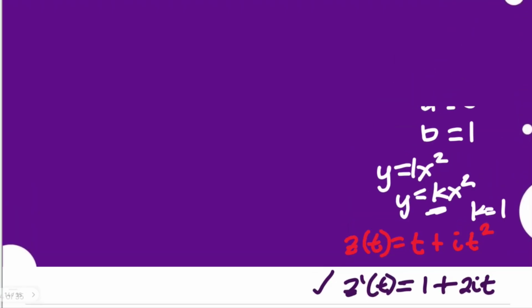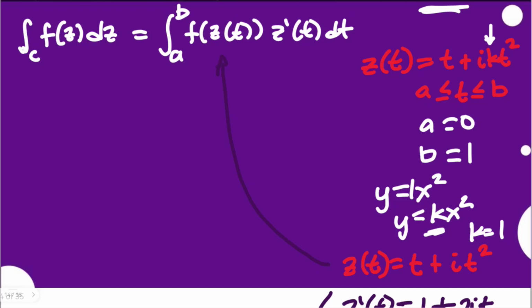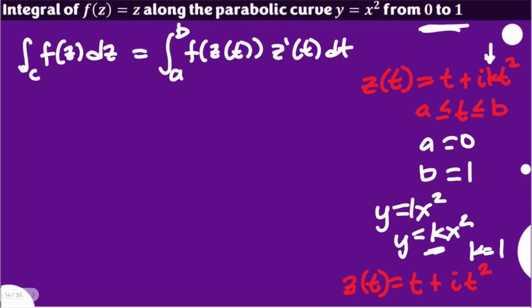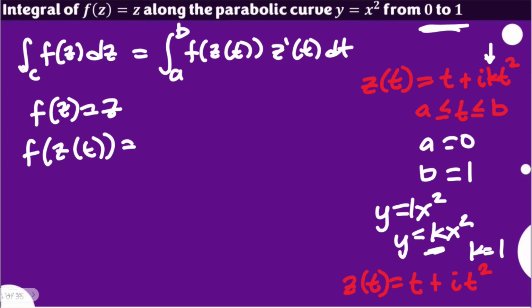I mentioned earlier that we cannot substitute there automatically, but in this case we can, because our given function is originally identified as z. So f of z of t is equivalent to z of t itself, and your z of t is already identified as t plus i t squared.